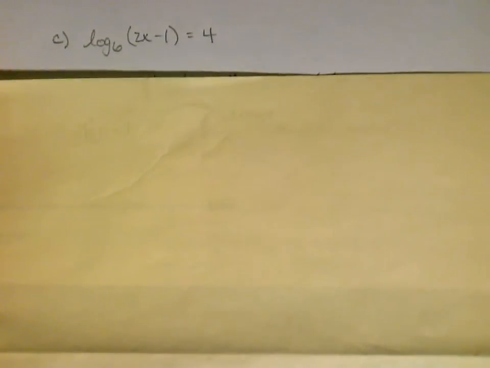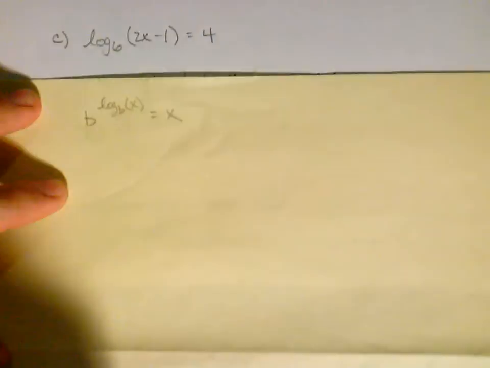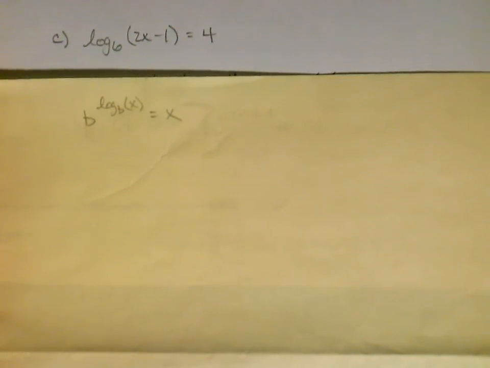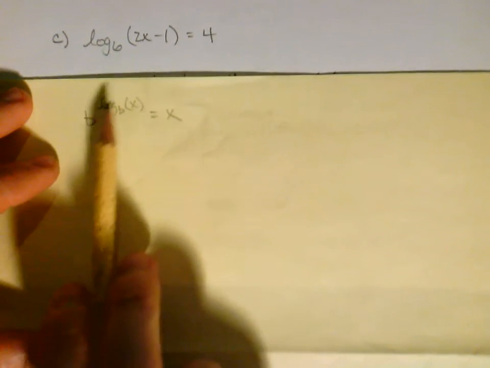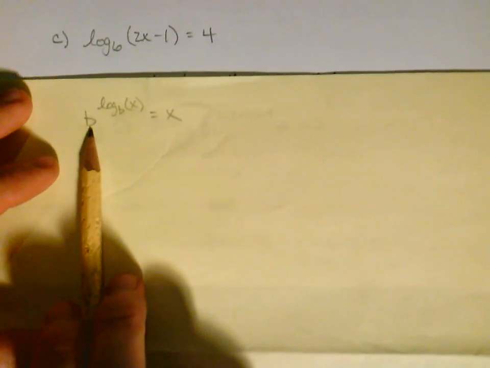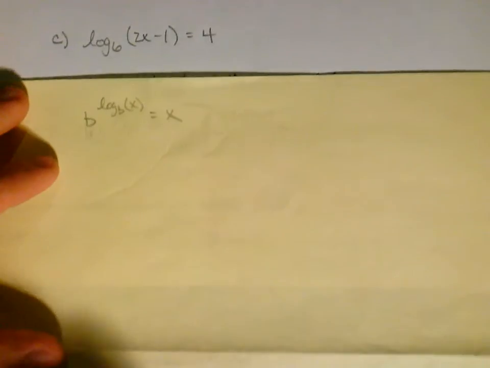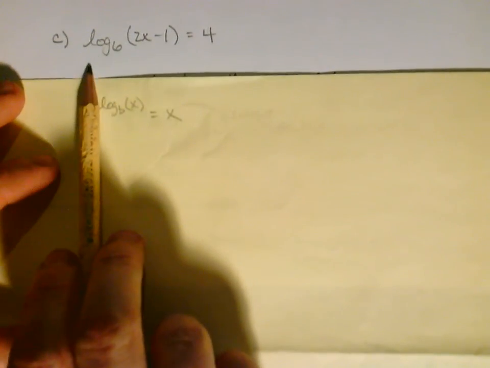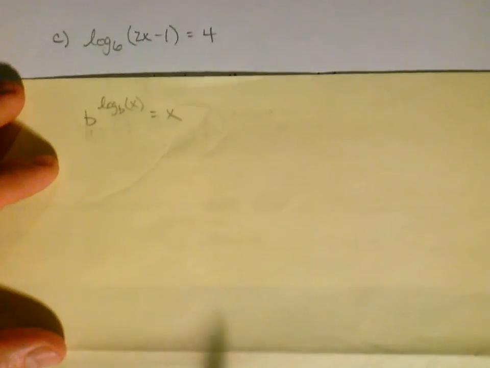Well, turns out it's the other property. You remember this one? The second property that we put up. If we've got a logarithm, then we're going to cancel it by putting it in the power of the same base. So let's think about this. I've got a log with base 6.